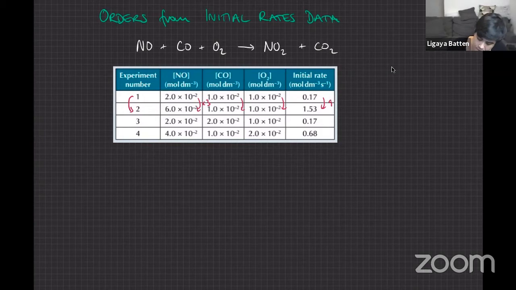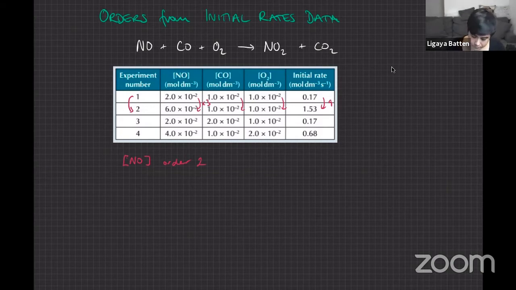And that means that 0.17 times 9 gives you 1.53. So we tripled the concentration of nitrogen monoxide, and we times the rate by 9, which tells us, from what we were looking at just a minute ago, that the order with respect to nitrogen monoxide is 2.